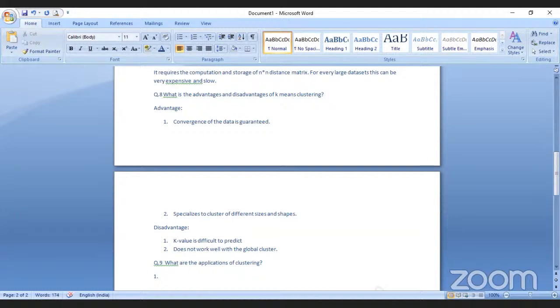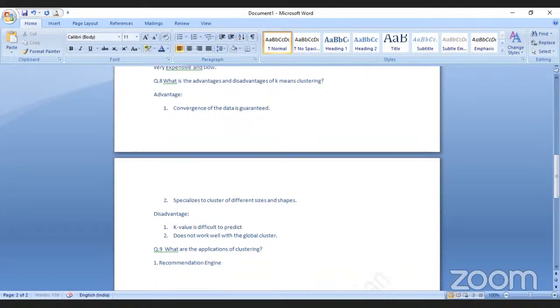We can use clustering for a recommendation engine, with the measurement of similarity within the groups and dissimilarity between the clusters.